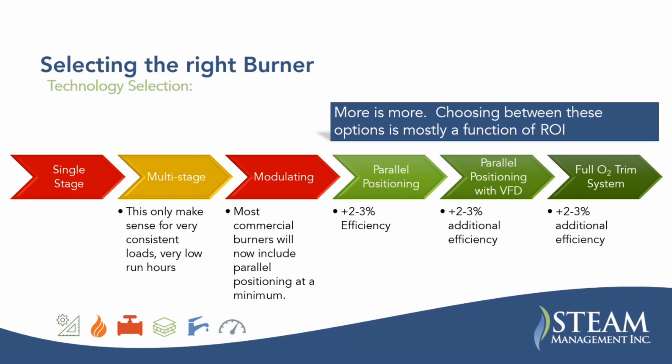So basically, we're saying more is more here. Do you want parallel positioning or do you want the full O2 trim system? That's going to be a function of cost and return on investment, as well as maintenance considerations and extending the life of your boiler, which you're going to get the most life out of with the full O2 trim system, assuming everything's functioning properly.